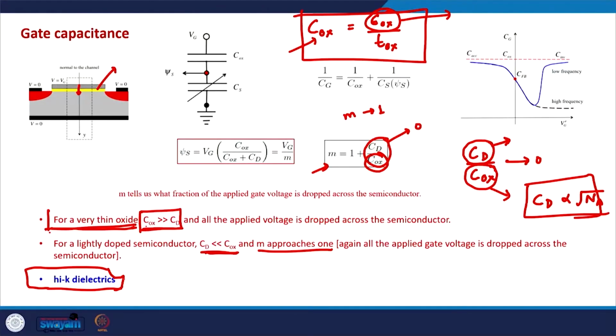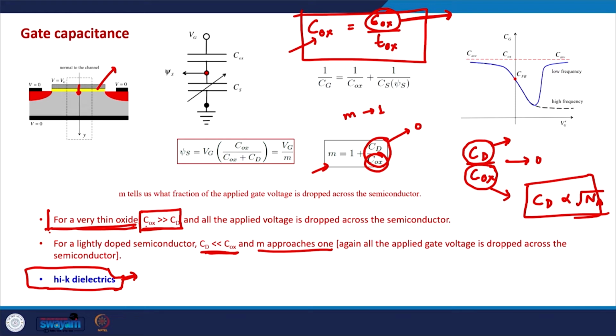But if we want to use high K dielectrics, which means the oxides which have high epsilon ox, in that case we would need to put another kind of oxide on top of silicon, and in that case we need to keep many things in mind.